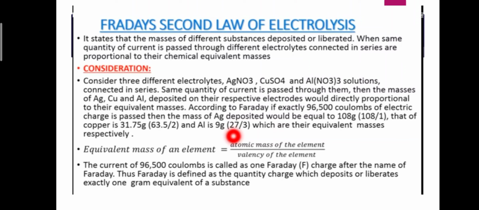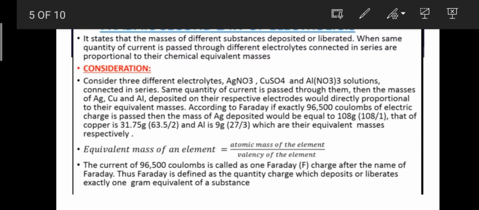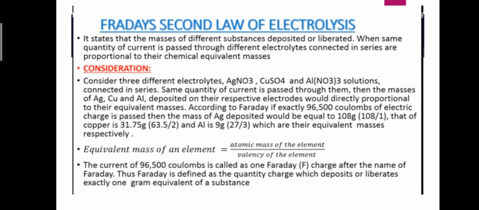So its atomic mass is divided by 3, which is equal to 9, which are their equivalent masses respectively. Now the equivalent mass of an element is equal to the atomic mass of the element divided by the valency of the element.